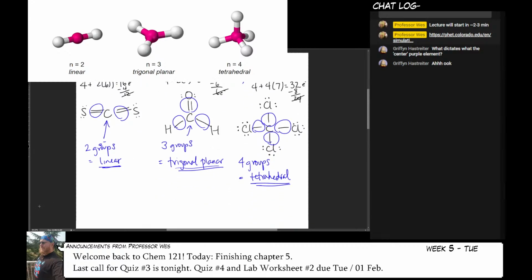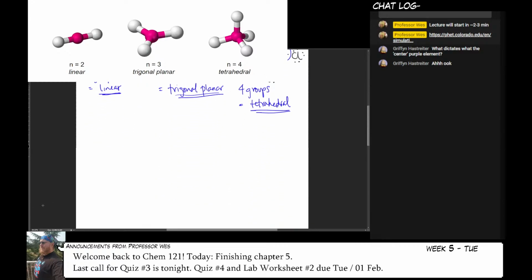If I draw a shape like this, so here's a central atom, and I'm going to draw basically like this. The angle between these is 90 degrees. But if I draw my shape in a different orientation such that I'm using 3 dimensions, so this one is going to be flat on the paper. This one is going to kind of go into the distance in the background.